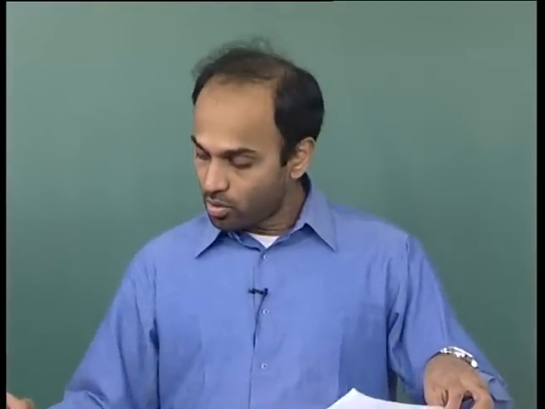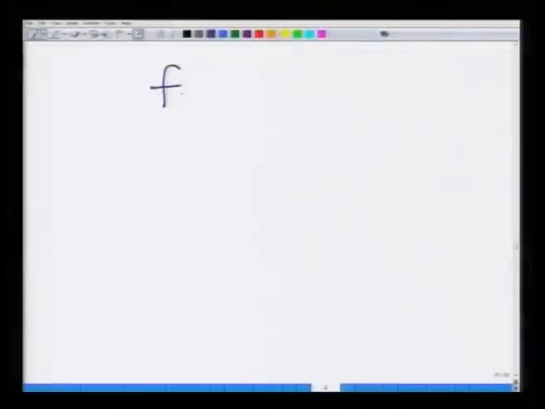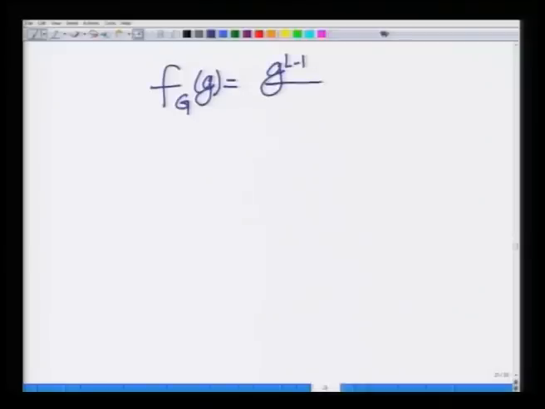Now, we also know that the probability distribution of this G is G to the power of L minus 1 divided by L minus 1 factorial times e power minus G, which means now I need to find the probability of a deep fade, which is essentially the probability that G is less than 1 over SNR.